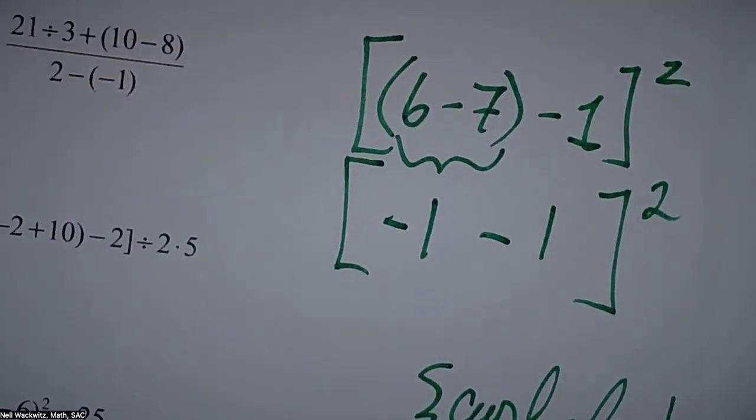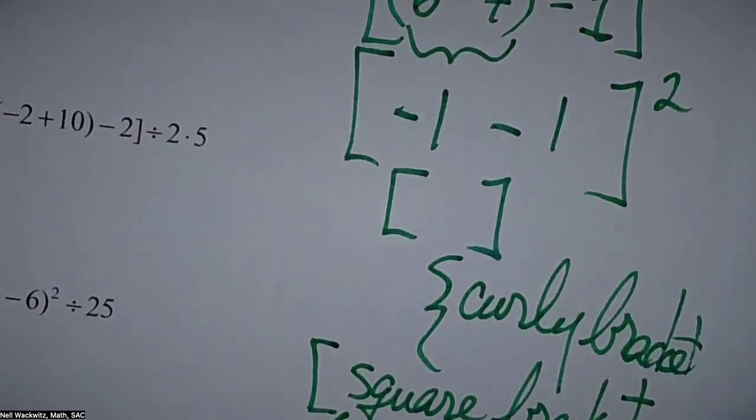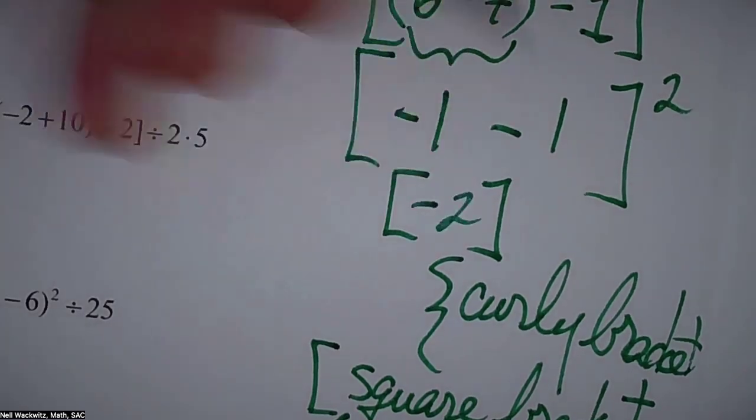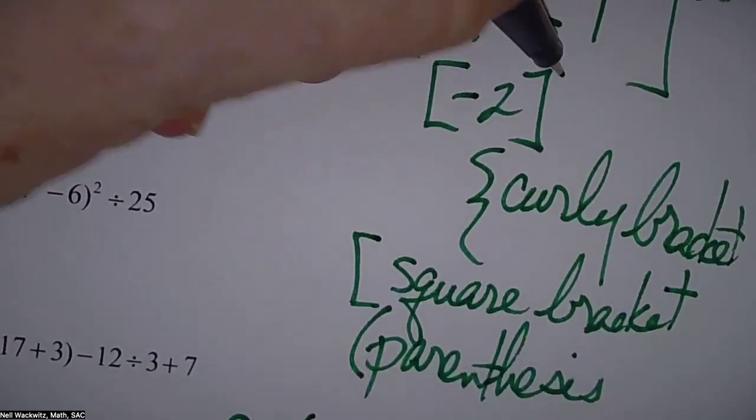So we have -1 minus 1, which is -2. Thank you. All right, I'm not going to do the powers yet so that we have something to do at the next step. So let's rewrite.